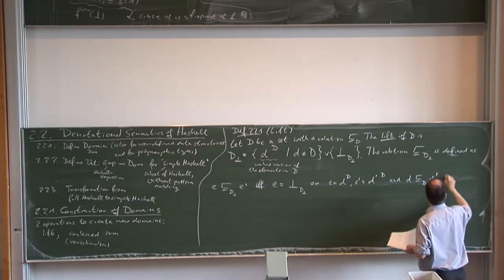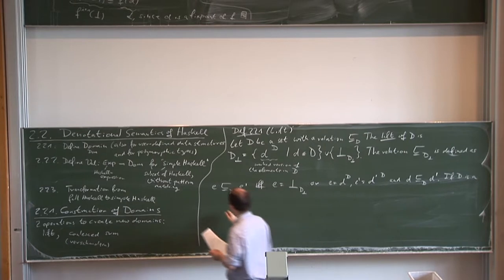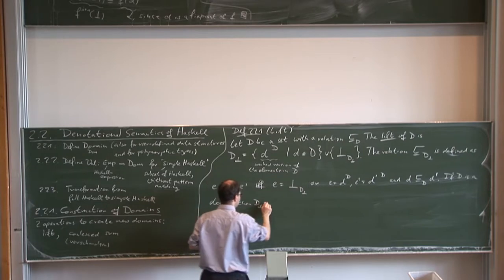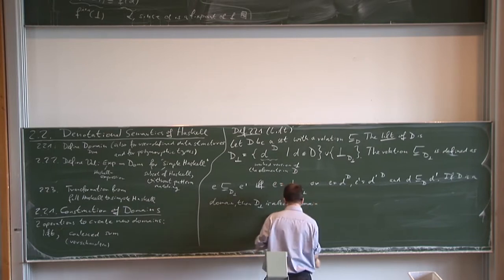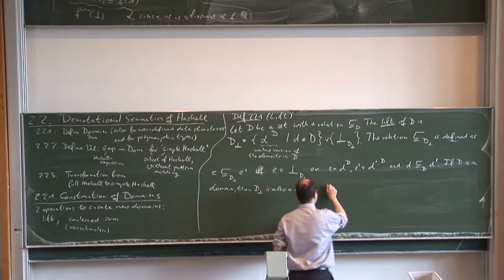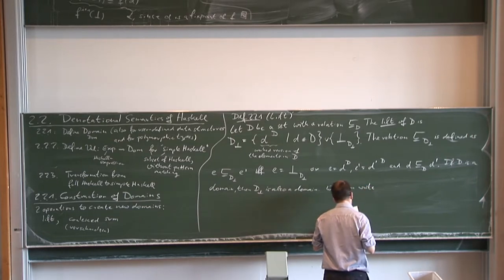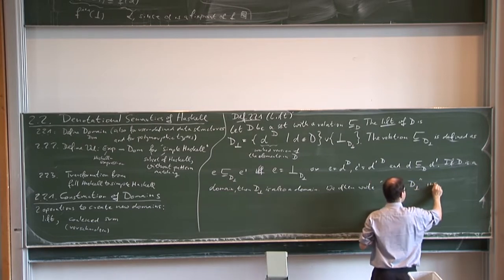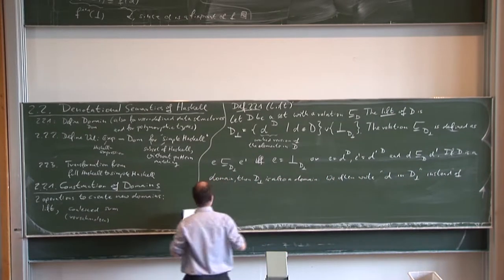And we call this also a domain. So if D is a domain, then D bottom is also a domain. And now, instead of writing these marked versions, we sometimes also write d in D bottom instead of this marked version.